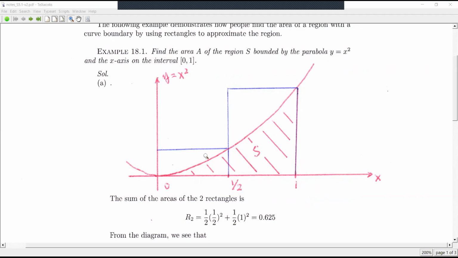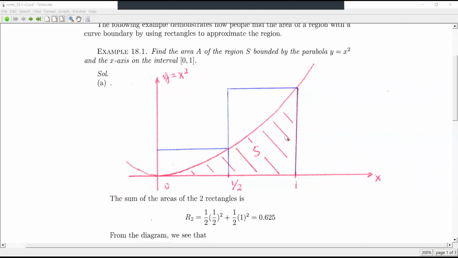The first rectangle area is base times height. Base is 1/2. Height, function value at 1/2. It is 1/2 squared. So base times height, this number is the area of the first rectangle.